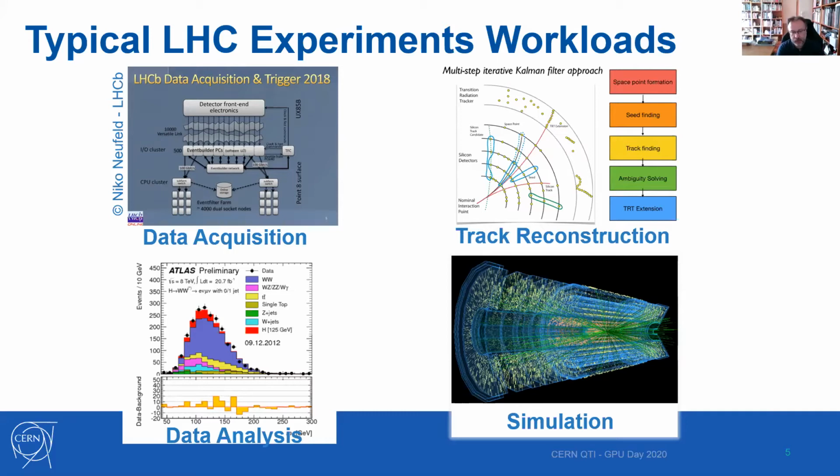These classes are the data acquisition part, which is the initial collection of data from the sensors of the detectors. Then track reconstruction, where this data is transformed into actual tracks, the traces of the particles generated by the collisions and traversing the detectors, and of course the final data analysis, where the reconstructed information is processed to actually go back and understand what was at the very moment of the collision.